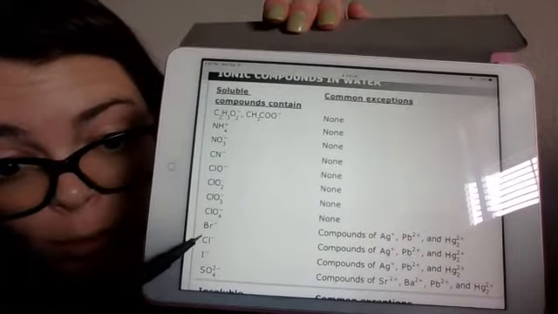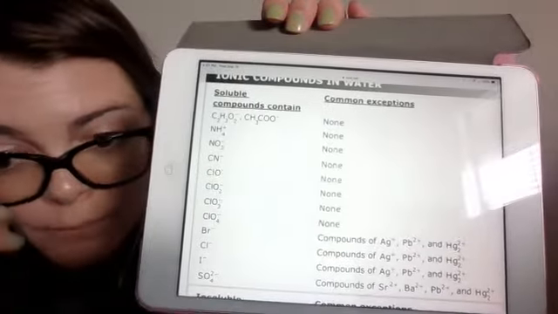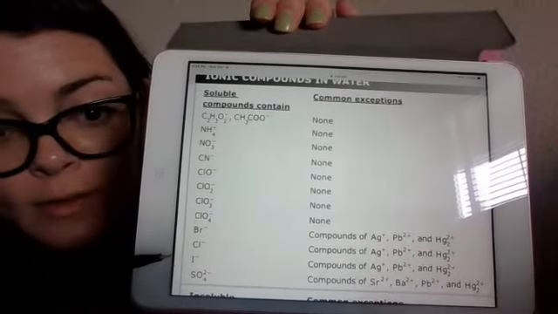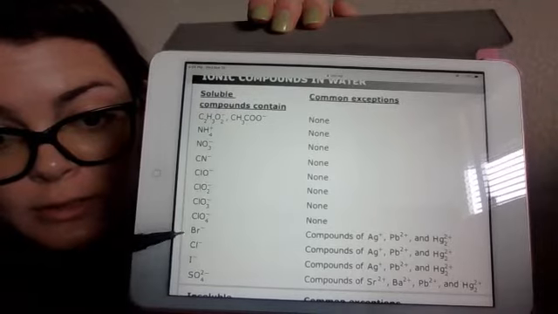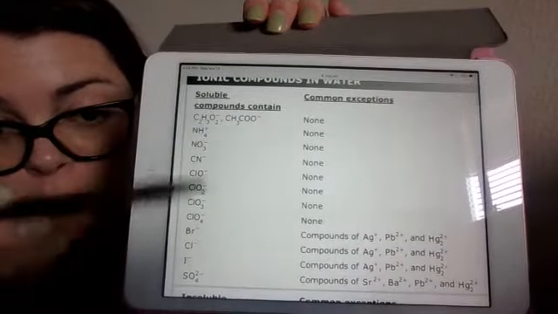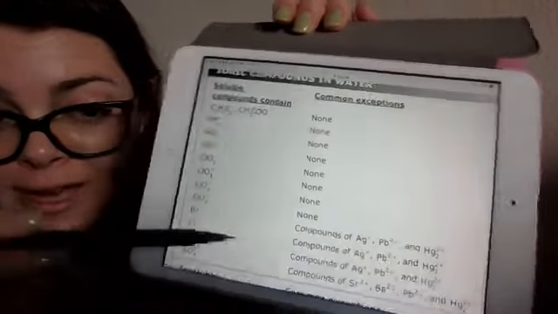Br is soluble unless it is with silver, lead, or mercury. So I asked you about silver. Therefore, silver makes this insoluble. It was soluble, but because it's matched with silver, it's not going to be soluble. So that's going to be insoluble.